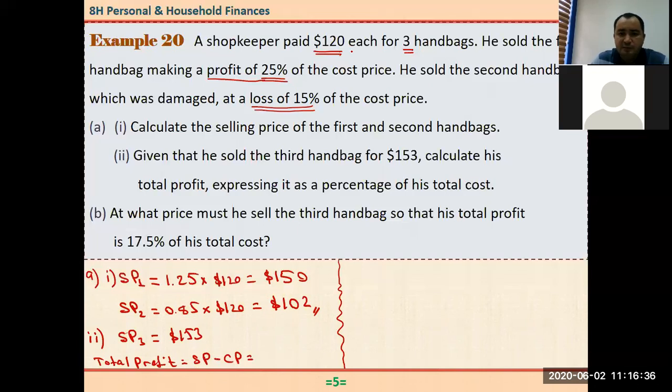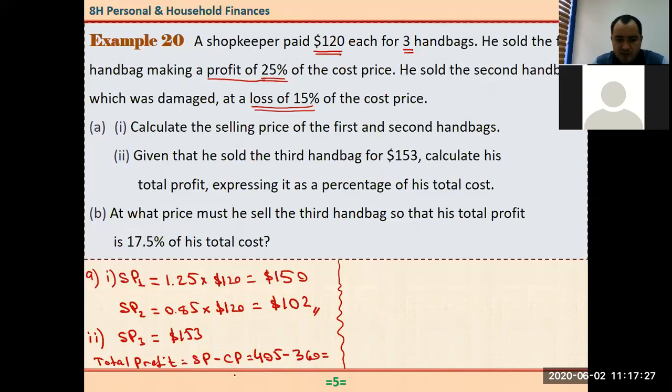The selling price is SP1 plus SP2 plus SP3, which is 150 plus 102 plus 153, which is equal to 405. The cost price is 3 times 120, that is 360.